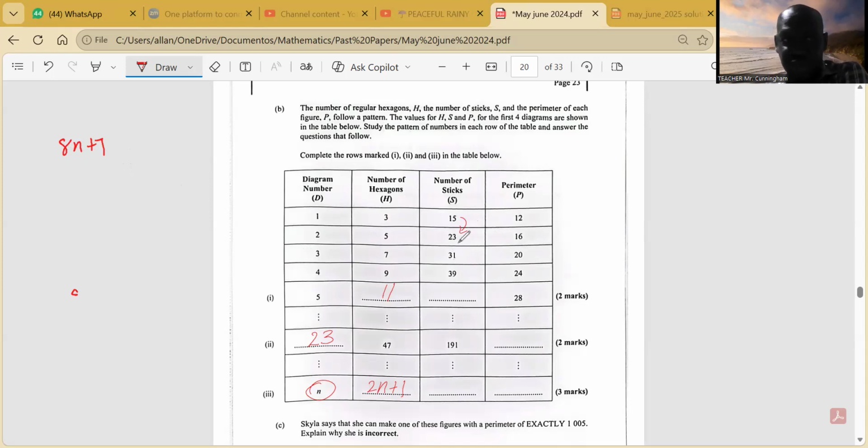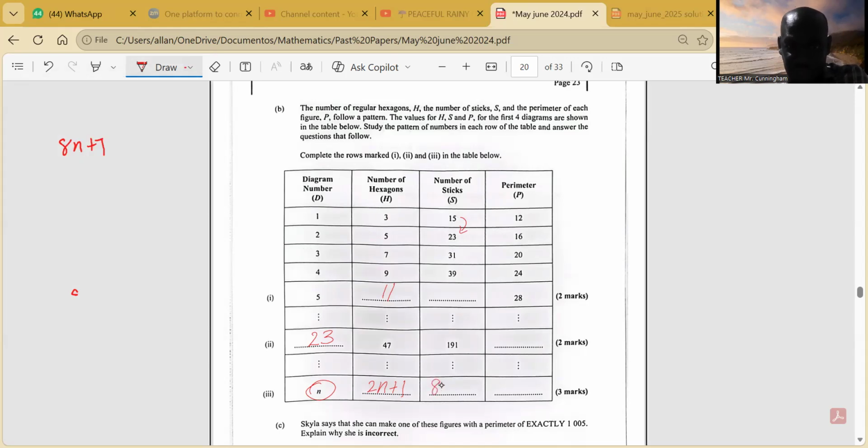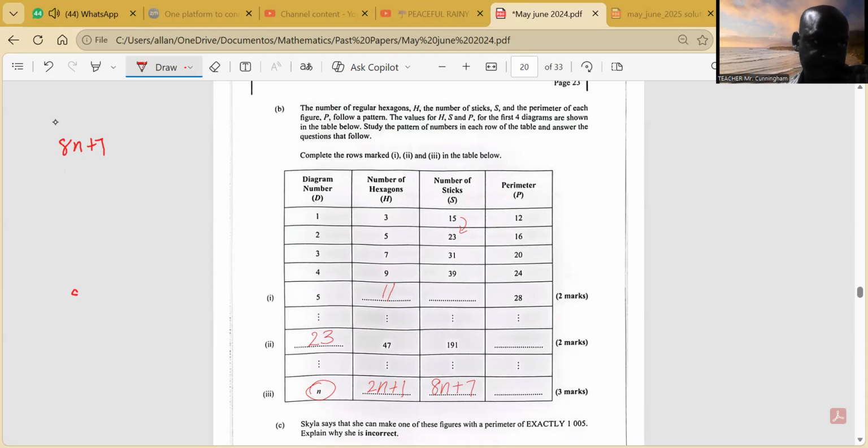All right. So it's increasing by 8. So we put 8n plus 7. So let's write that down. Anybody lost? No, sir. So you're writing 8n plus 7. 8 fives. 40, sir.